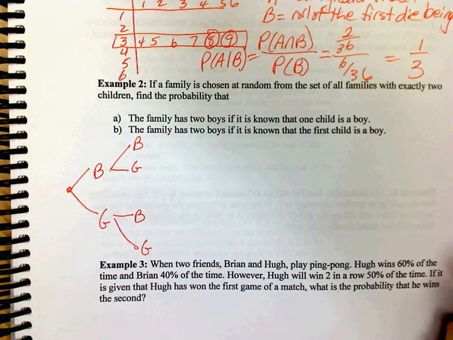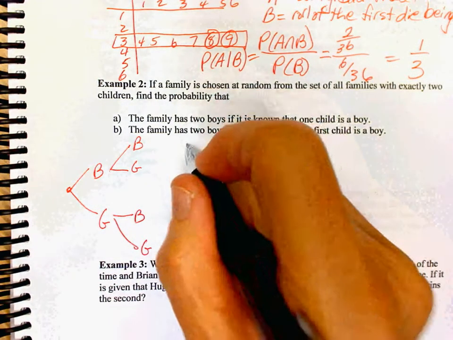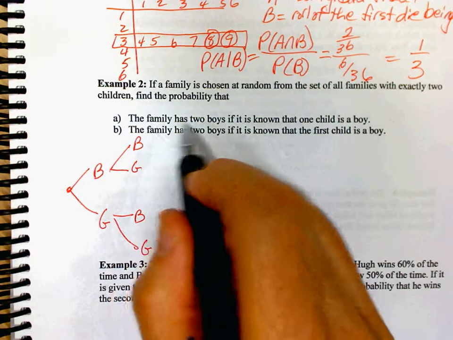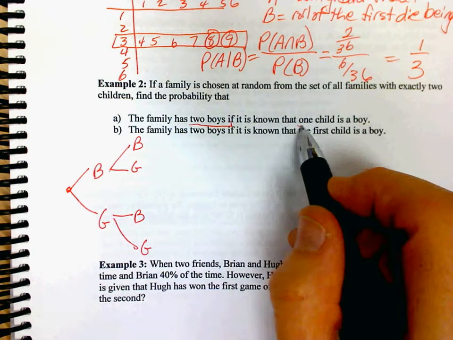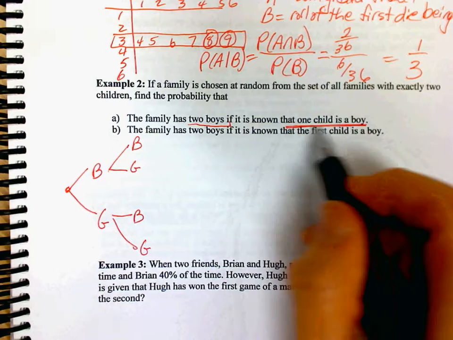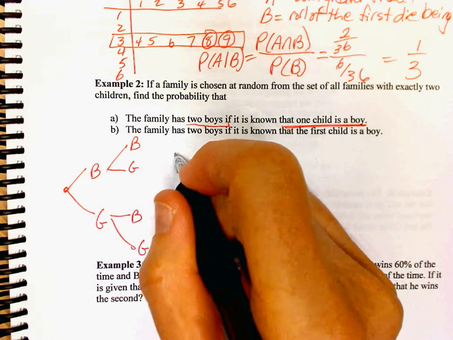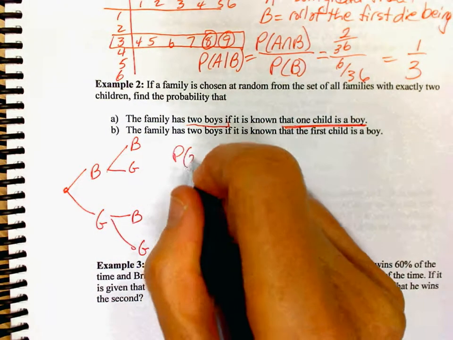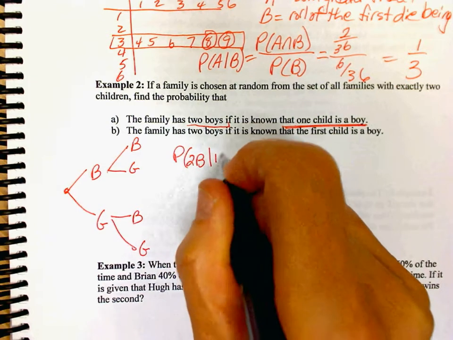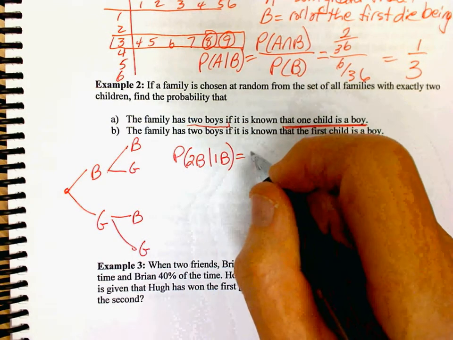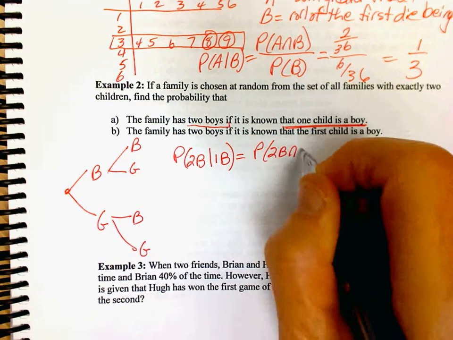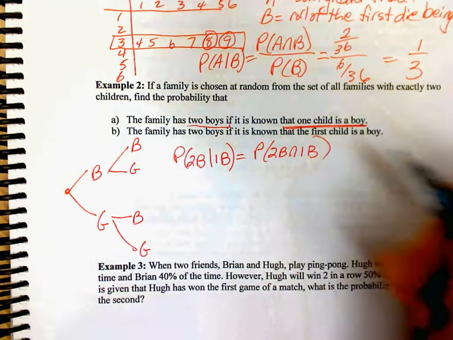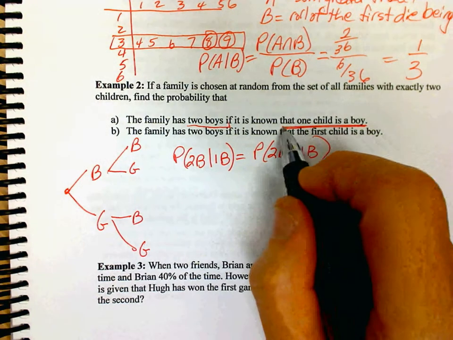Okay. So what we want is, what's the probability a family has 2 boys if it is known, so this is our given, right? Given that one child is a boy, so the probability of 2 boys given one child is a boy is the probability of 2 boys intersection at least one boy.